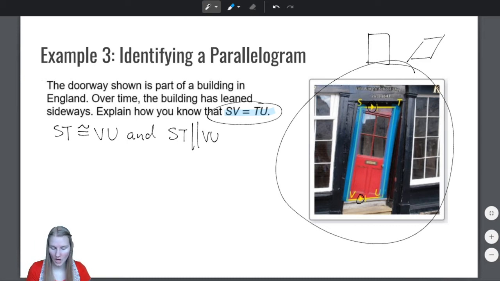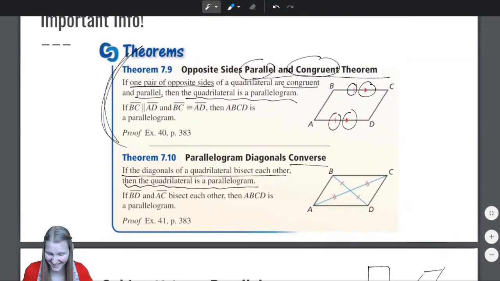And hey, so by the parallelogram... wait a minute, what's the name?